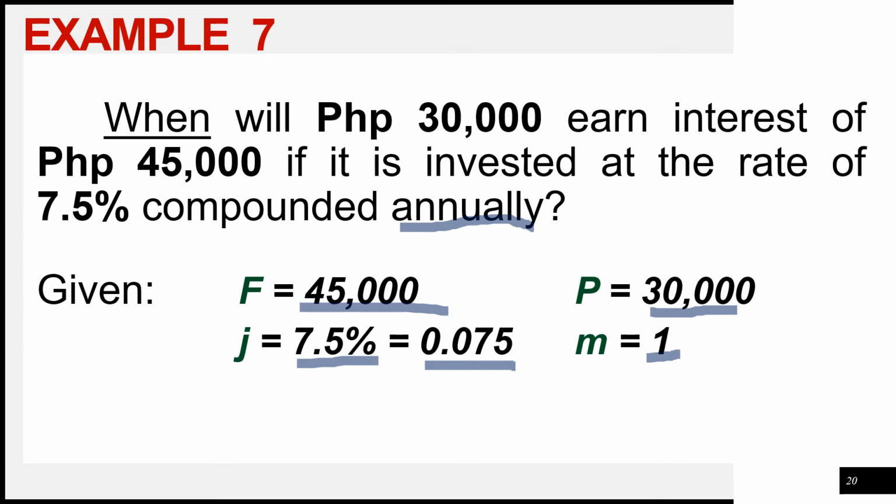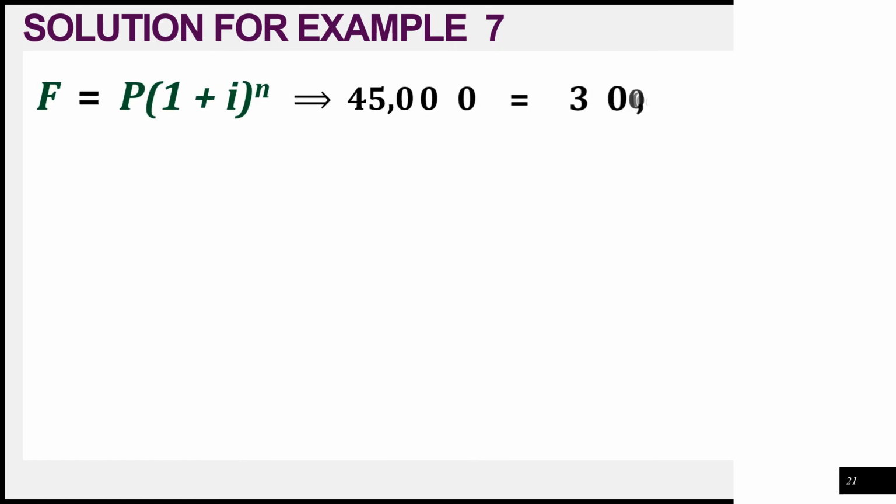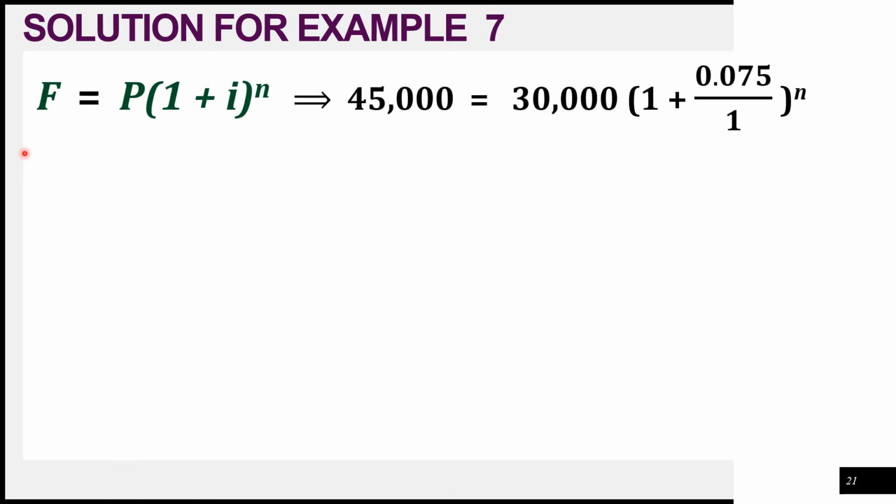Now, given the following data, we are going to solve for the value of t. We solve example number 7 using the given formula. We have F equals P times the quantity of 1 plus i raised to the power of n. Now we substitute the given values.